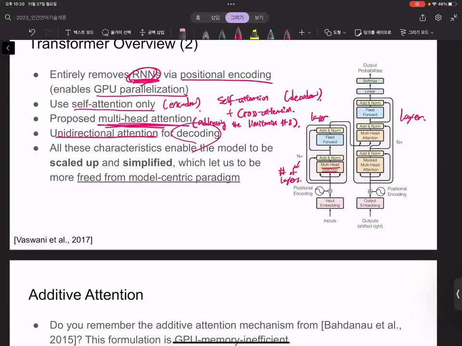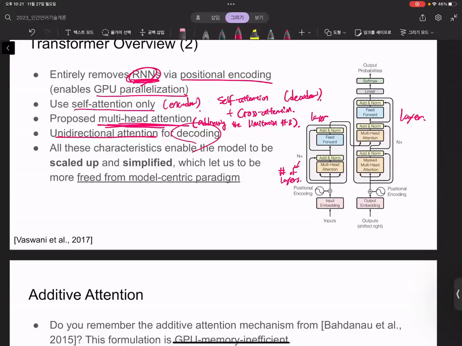For example, if there are 16 heads in multi-head attention, then if we want to scale up, we can use 32 or 64 heads for this model. Then our network will be larger than before.